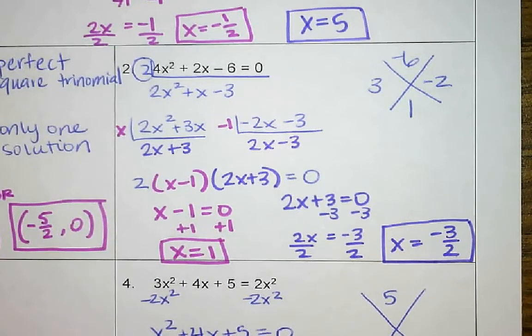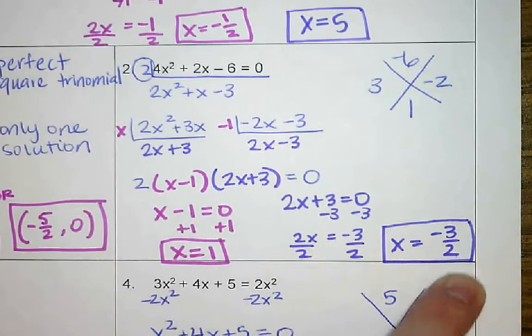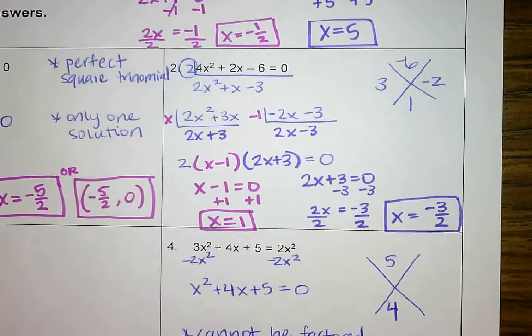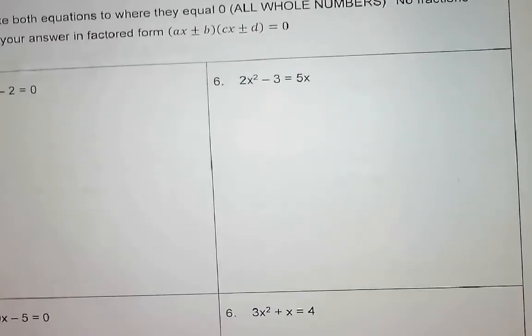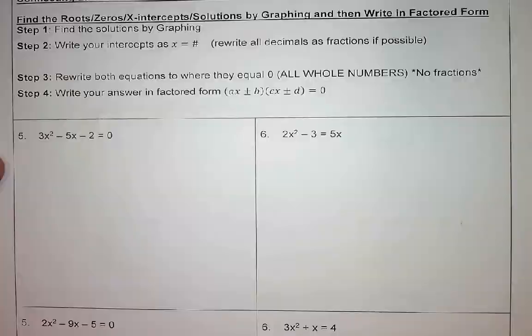So I want us to connect our solutions with our factors. Let's say you are just not great at factoring. On page 3, we were using our factors to find our solutions.